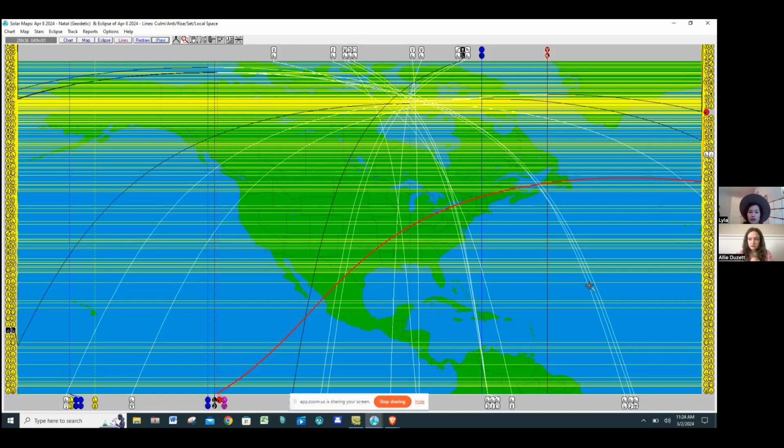I'm sure anyone who's noticed eclipse season or felt it knows that no matter if it's over the ocean or not, you feel it. But this one, we're looking at the significance that it's going to have on the world. And so what I'm using right now is what's called a geodetic map, and that's specifically for world events, specifically for looking at what is happening in the world.